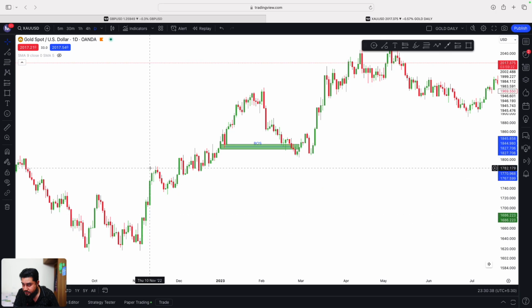So since this is a buy trade, look at this candle here, right? After this green candle, you see a red candle which is actually closed below this green candle. So that's a kind of small pullback, right?